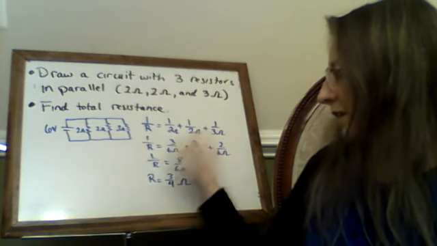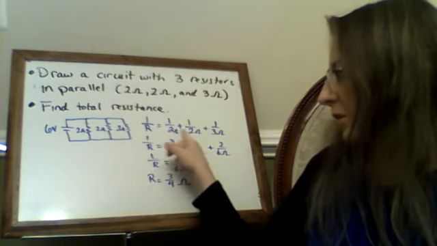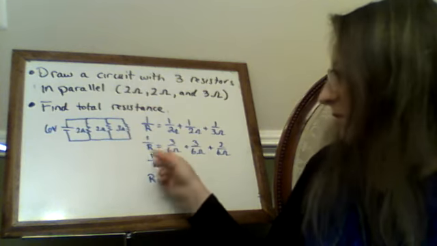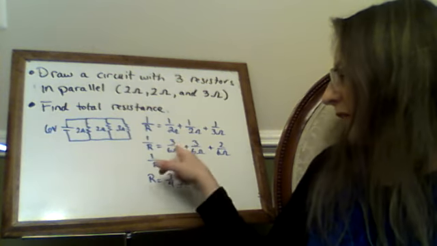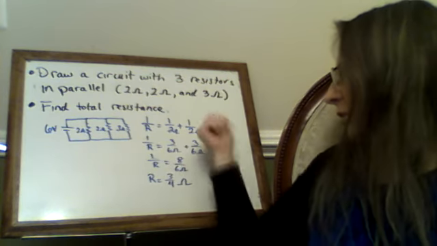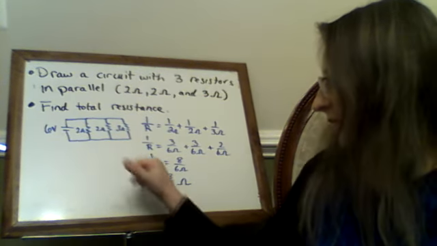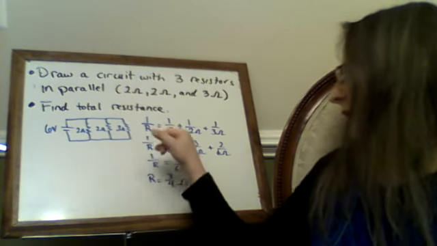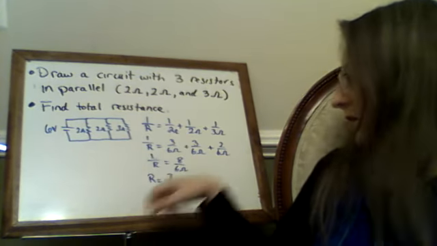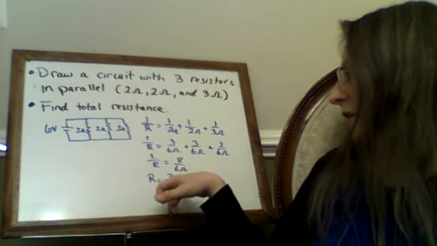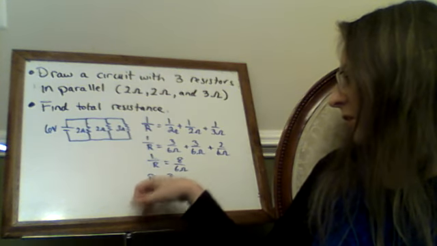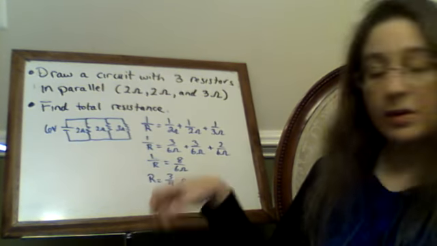And so I had to get a common denominator for 2 and 3, which is 6, of course. So 1/2 is really 3/6, and 1/3 is really 2/6. And then I just said 1 over R is 3 and 3 and 2, which is 8 over 6 ohms. So then I found R to be 3/4 of an ohm.